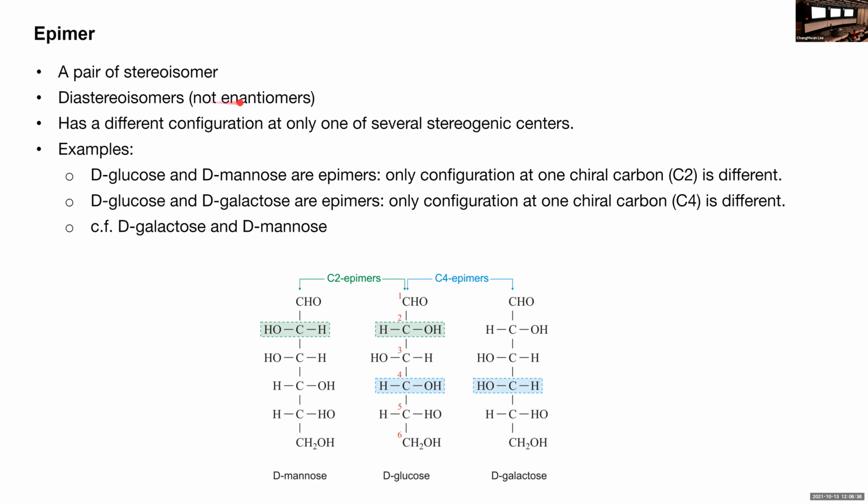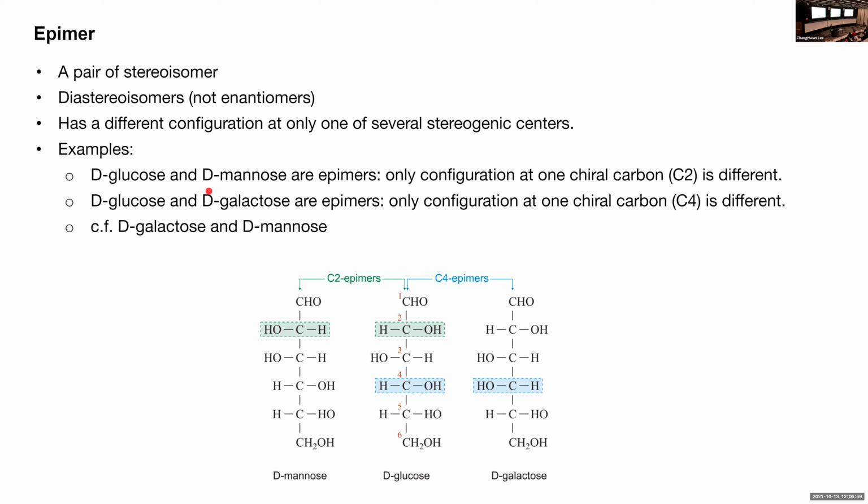And that is the same as diastereoisomers, right? You can have stereoisomers, and they can be either enantiomers or diastereoisomers, depending on whether they are mirror images or not. Make sense?